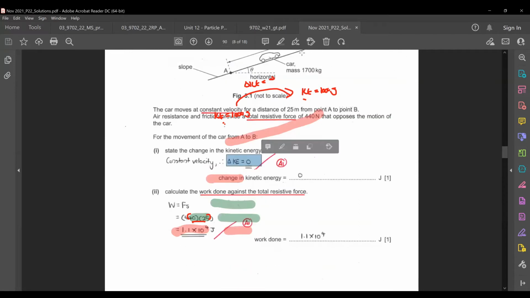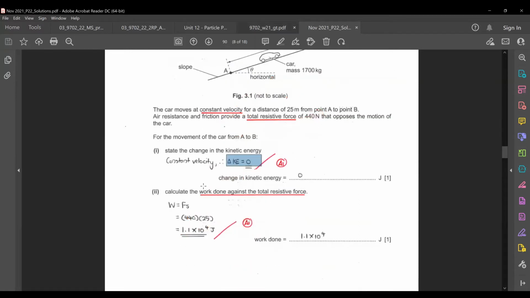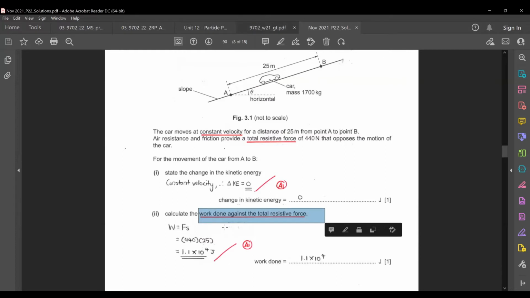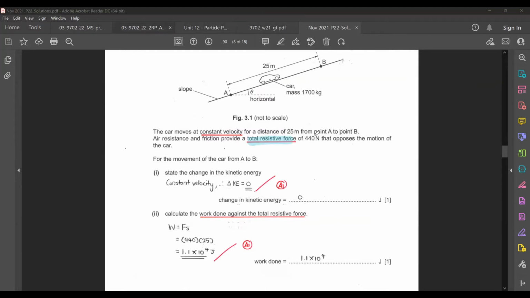Then the next one you want to do is calculate the work done against total resistive force. Another keyword here that you would have seen is this. Resistive force is 440 Newton, opposing the motion of your car. So you want to find out the work done against your resistive force.